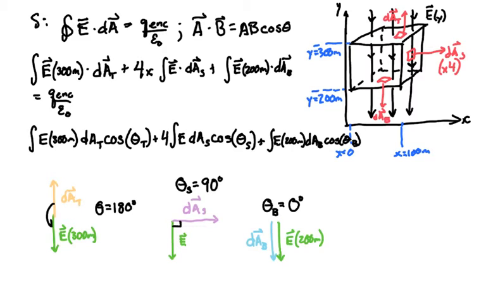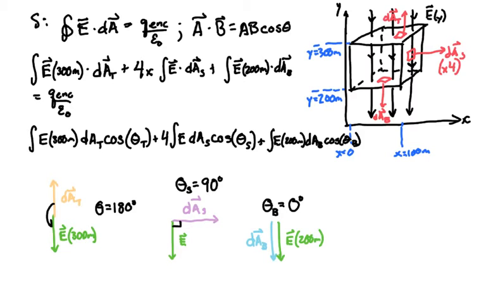So for our side differential area vector versus our electric field, you should have noticed that they are 90 degrees apart. And it doesn't matter which face you're looking at on the side, whether it's the one facing the screen, the one pointing in the positive x direction, the one pointing in the negative x direction, or the one pointing into the screen. It doesn't matter. The electric field is 90 degrees from each of those vectors.